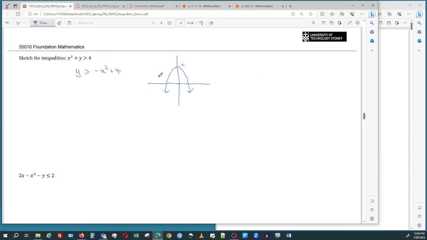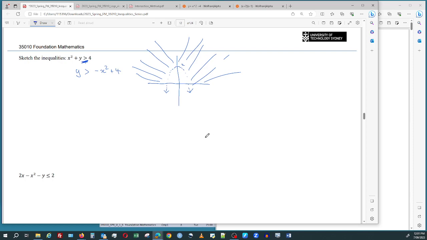And of course the other thing I have to do, isn't it? I have to make those dots because it's not inclusive. So they come down like this and down like this. So it's all the values y greater than our function value.